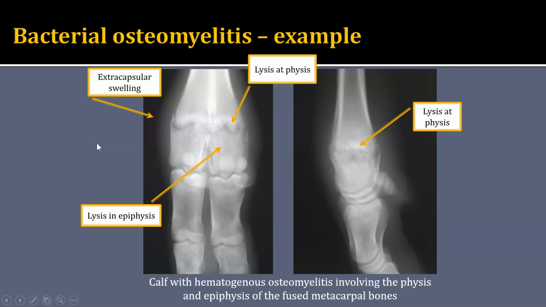Now, one thing you might have noticed as we've looked at these different examples, we've seen a dog, a calf, horse, adult horse, is that there have been varying amounts of periosteal proliferation. And the amount of periosteal proliferation is not only dependent upon the severity of the infection, but it can also be quite dependent upon the age and species.